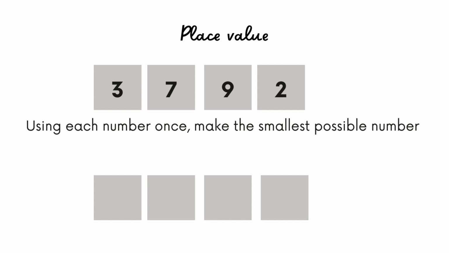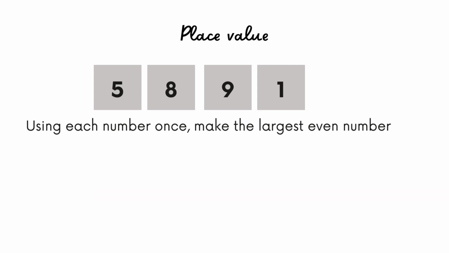So the smallest number is 2, so that 2 will come under thousands. Then the next number is 3, followed by the number 7, and then followed by the number 9. So the smallest possible number in this case will be 2,379.